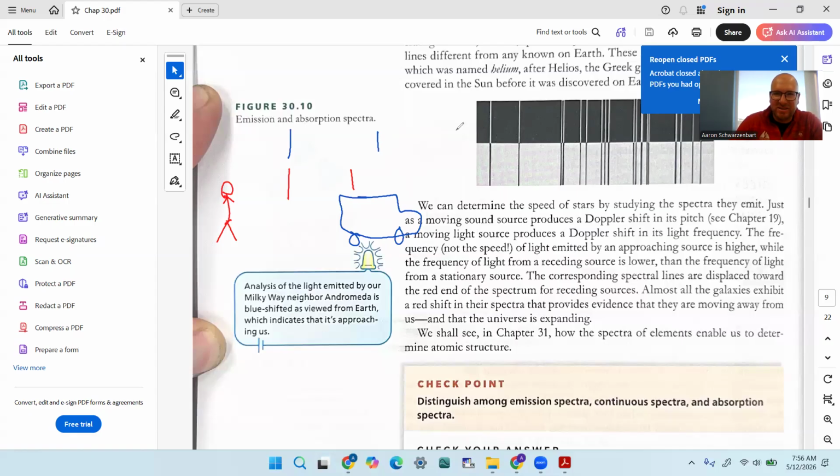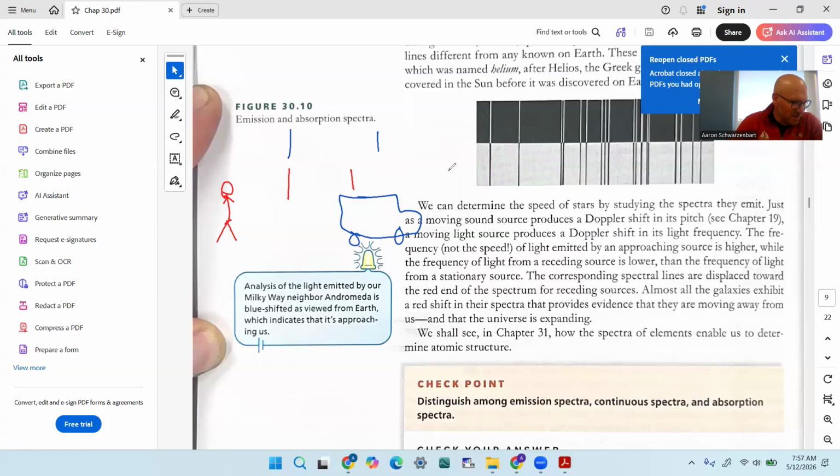If those frequencies are shifted down, you can figure out how far they're shifted down and do a little bit of math to figure out how fast that's moving away from us. There's some math involved in the Doppler effect, and you can just calculate the speed at which the source is moving.